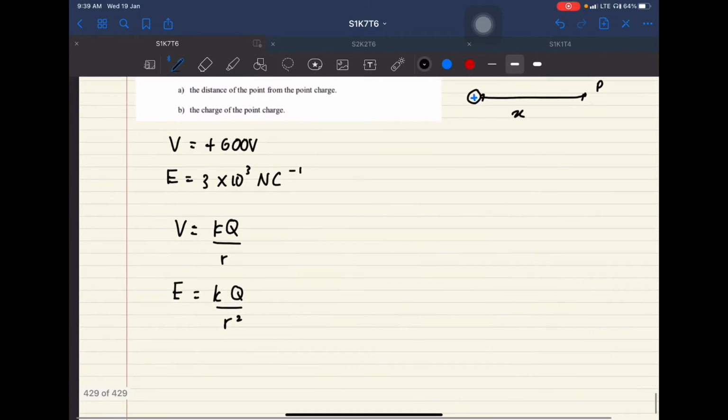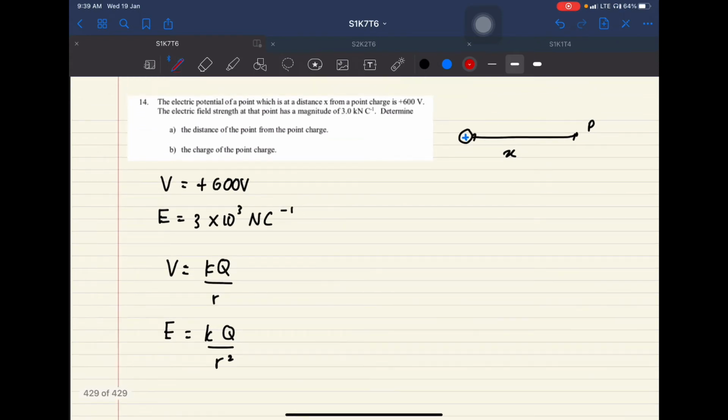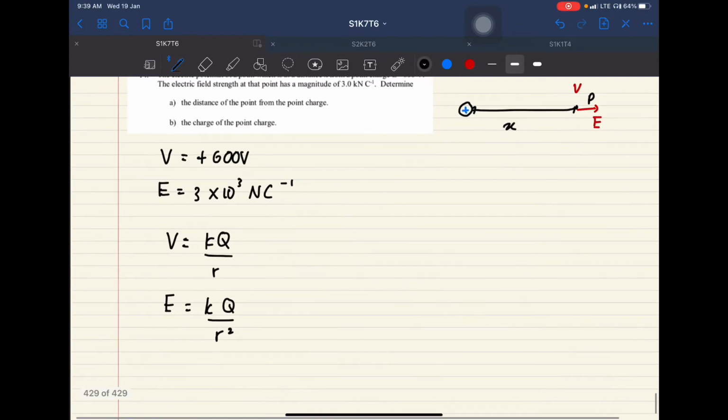Because we are talking about the same charge, we only have one charge, this charge will produce potential over here and electric field over there. We are talking about the magnitude only. So basically I want to find the value for X. Maybe I can rewrite this in terms of X.